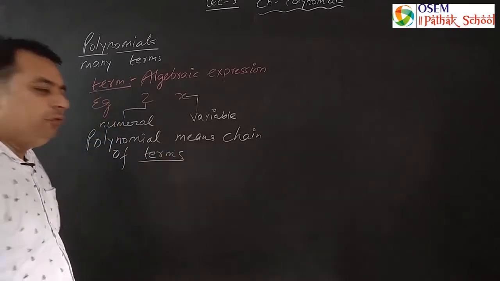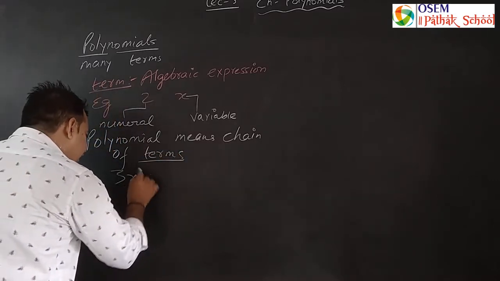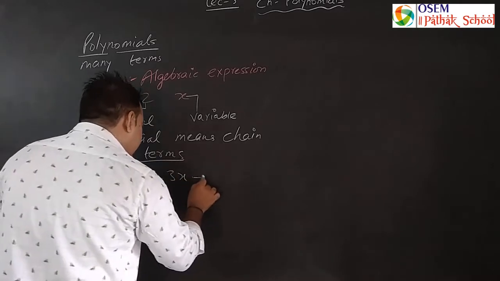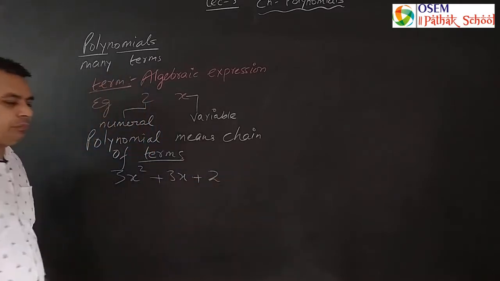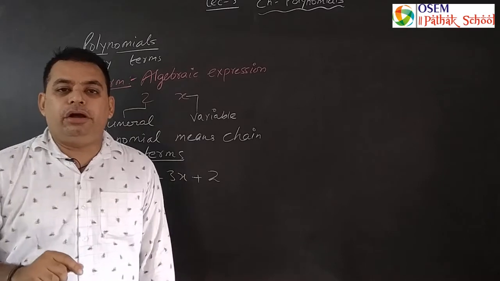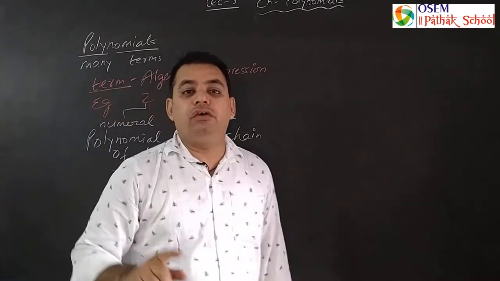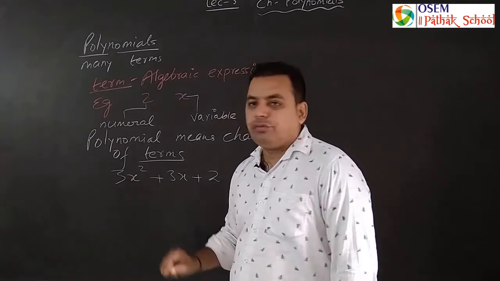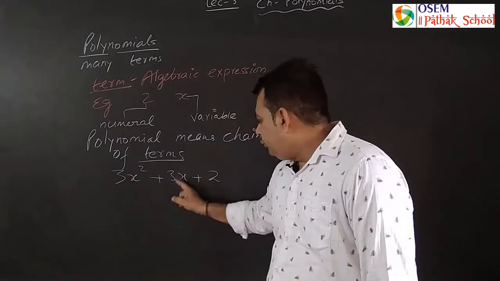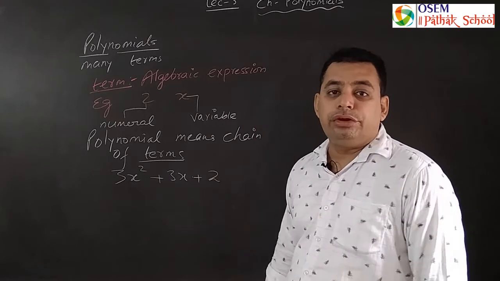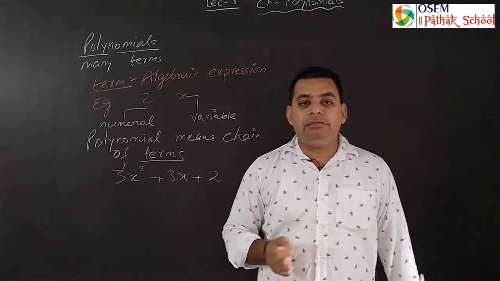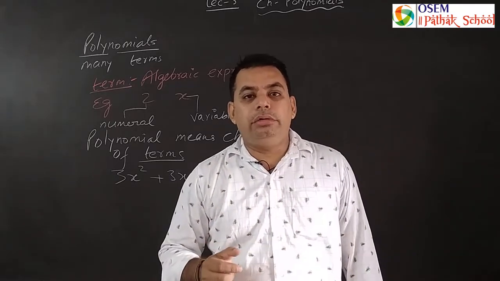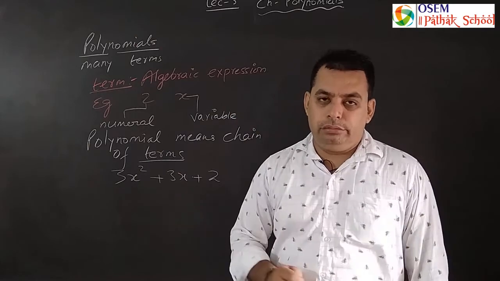Another example I can give you: 3x square plus 3x plus 2. A term always comprises a coefficient and a variable. So you can see over here 3x square is a term, 3x is a term, and 2 is also a term. Now you can ask how 2 is a term.